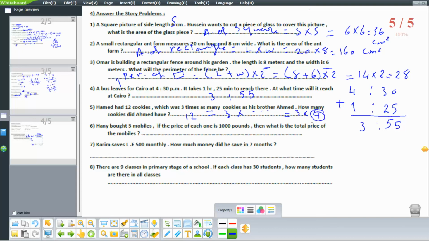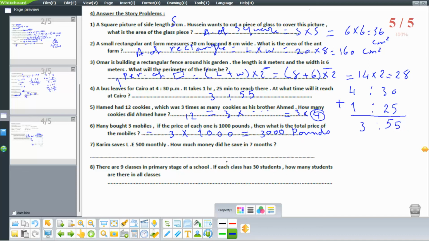Hani bought 3 mobiles. If the price of each one is 1,000, what is the total price of the mobiles? We will multiply 3 mobiles times the price of each one. 3 times 1,000 equals 3,000 pounds.